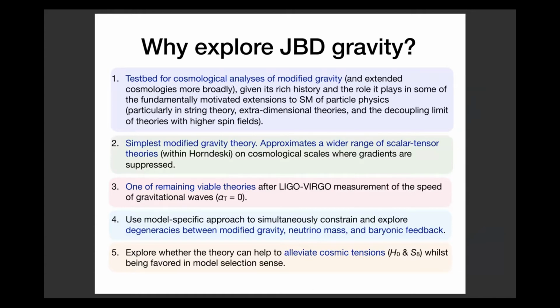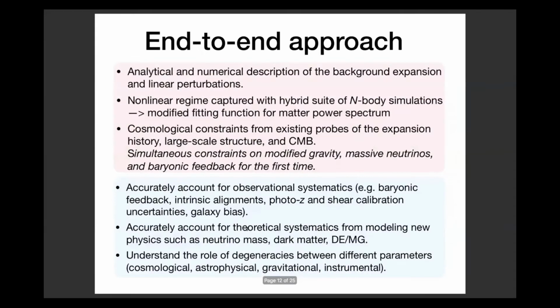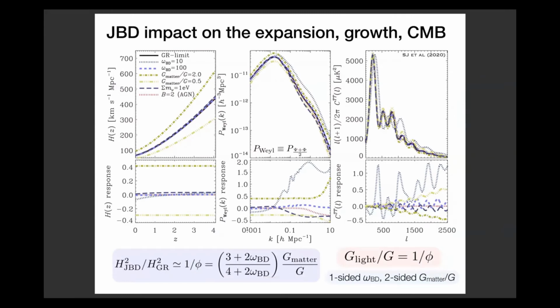It is one of the remaining viable theories after the LIGO-Virgo measurement of the speed of gravitational waves. And we're going to use this model to simultaneously constrain and explore the degeneracies between modified gravity and neutrino mass and baryonic feedback. And we're going to use it to see whether we can alleviate tensions.